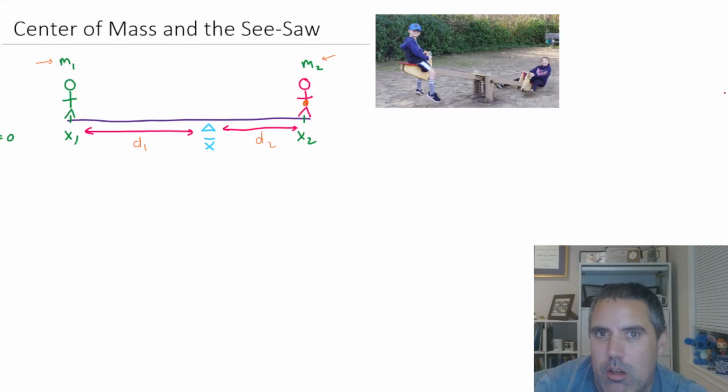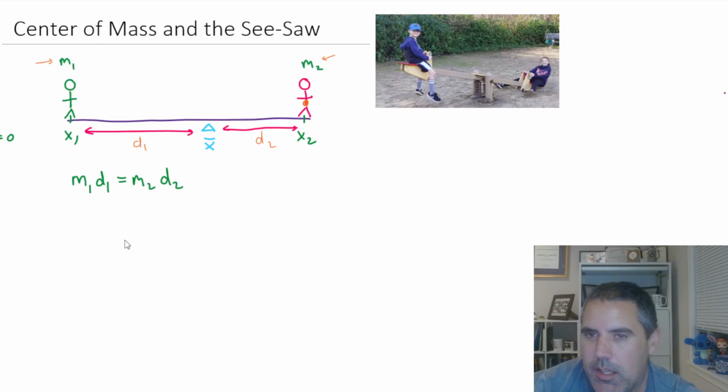That's the so-called law of the lever. There's a lot of history here. Archimedes said, if I had a lever long enough, I could move the world. So the law of the lever is what we're going to start with: m1 times d1 is m2 times d2. And that's really it. Everything we're going to do in calculus stems from this one observable fact.